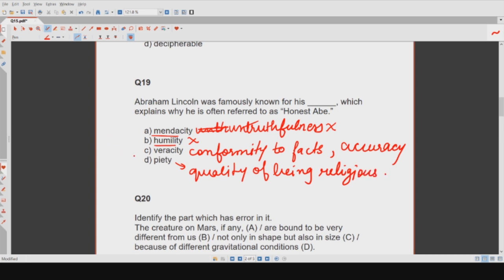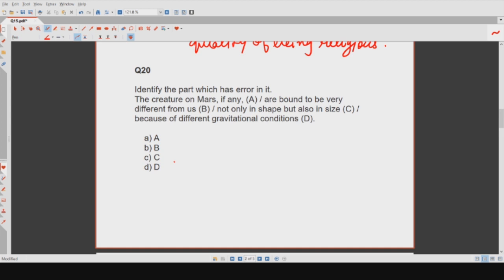So the correct answer here is veracity, because Abraham Lincoln was famously known for his accuracy, which explains why he is often referred to as honest man, honest Abe. Question 20. Identify the part which has error in it.